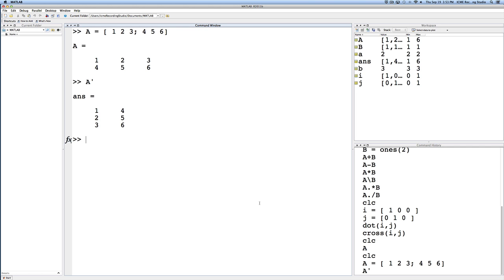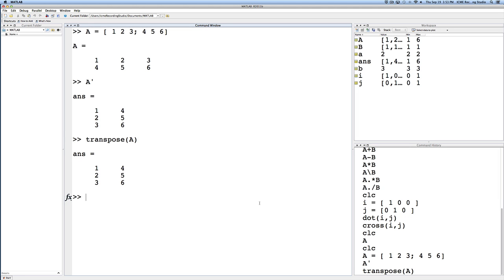A prime is another matrix of dimensions 3 by 2, with its rows being the columns of A. The functional alternatives for conjugate transpose and transpose are ctranspose and transpose respectively. For example, transpose of A gives the same result as A prime.